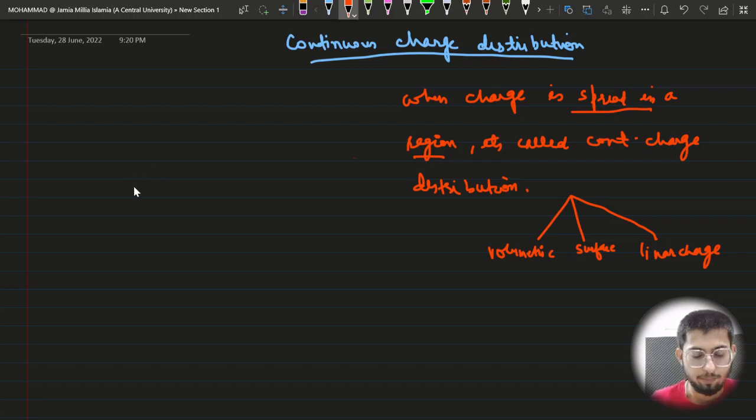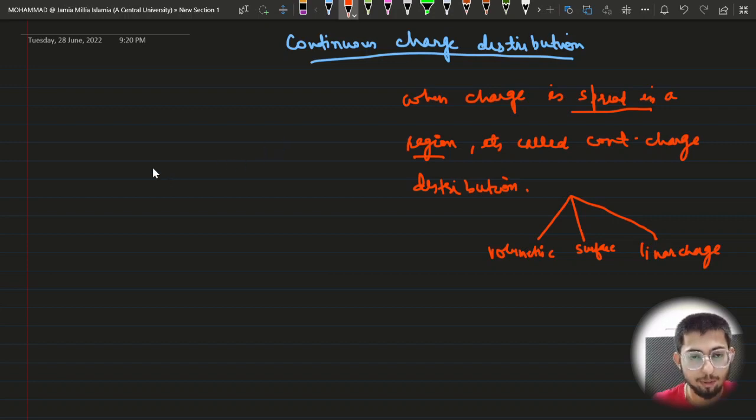Suppose we are given a charge distribution, and we need to find the force due to the charge distribution.